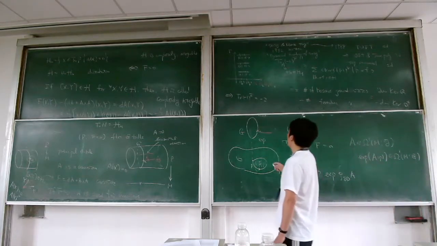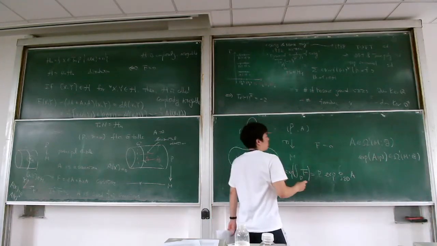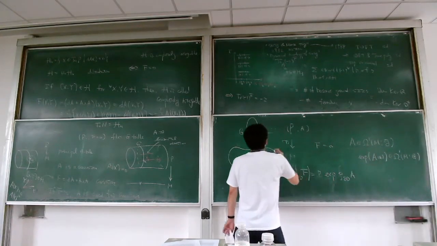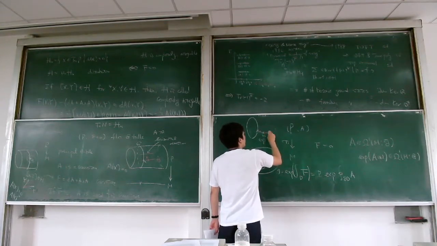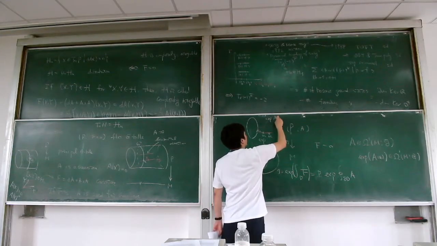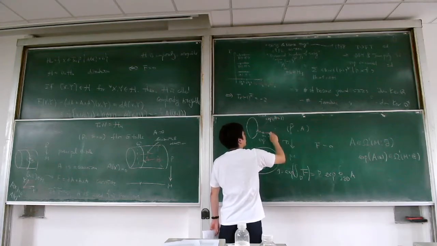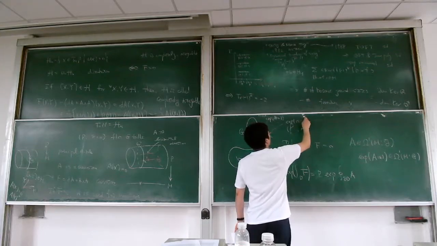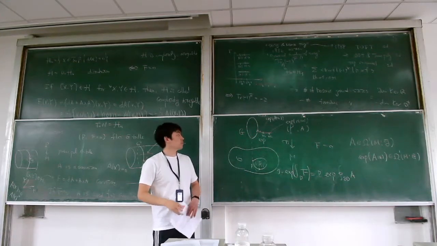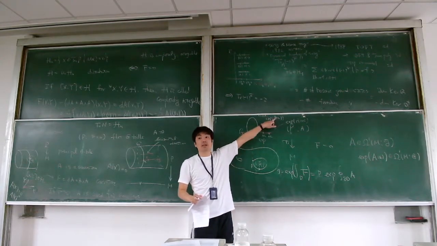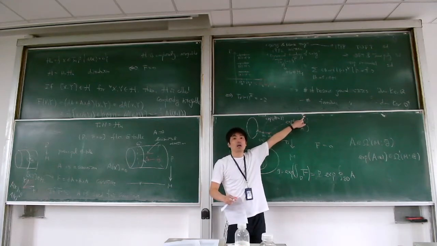Given the point, maybe instead of u I should write u1, point u2. You get the exponential of A at u1, and the exponential of A at u2. At each point of the trajectory of this red circle, you have a Lie group element.